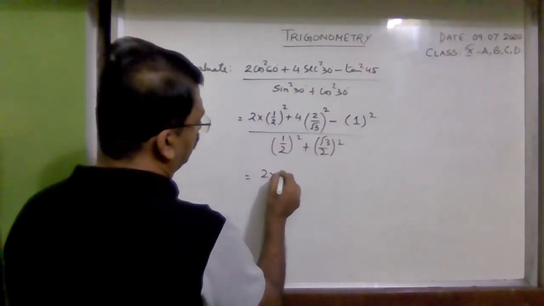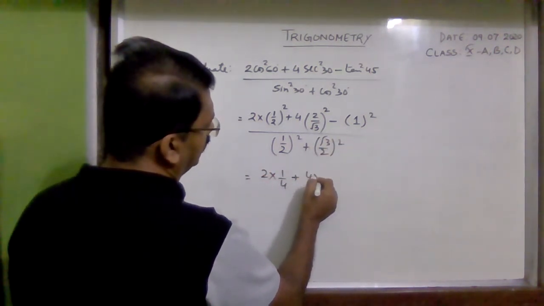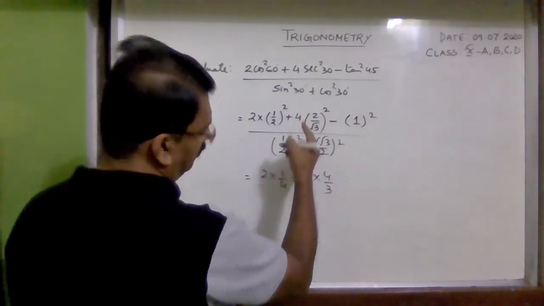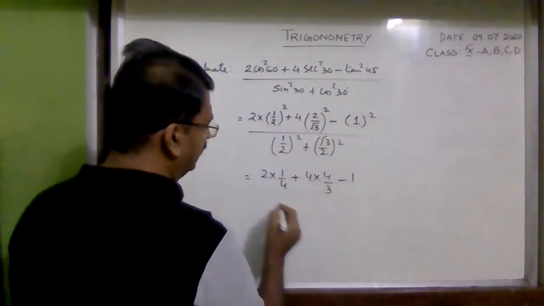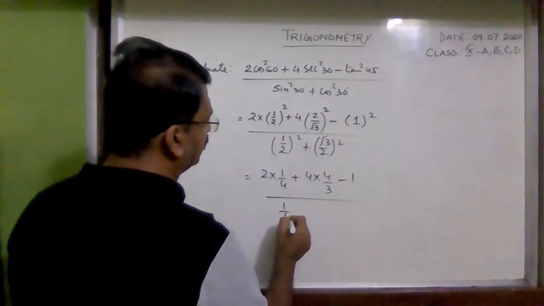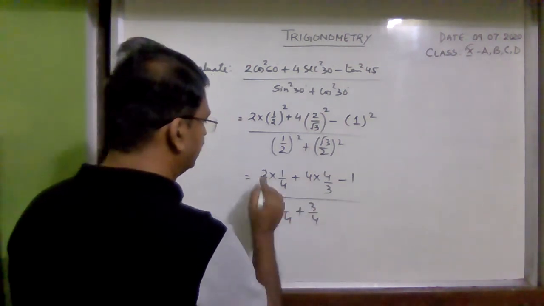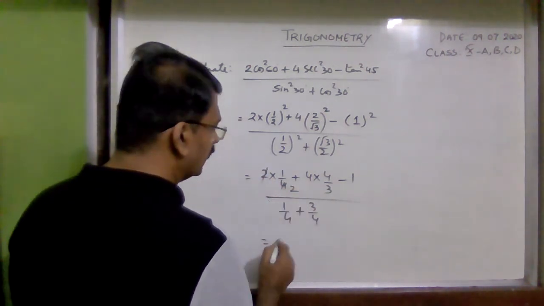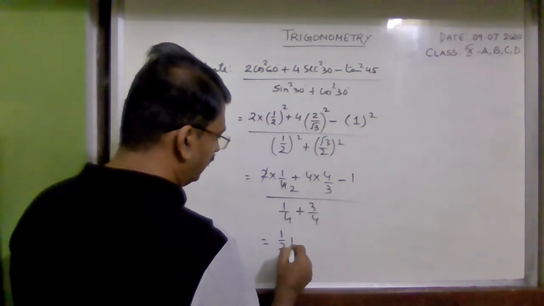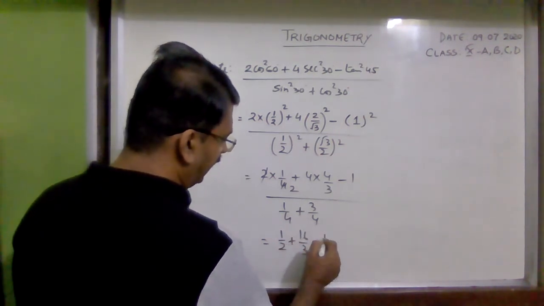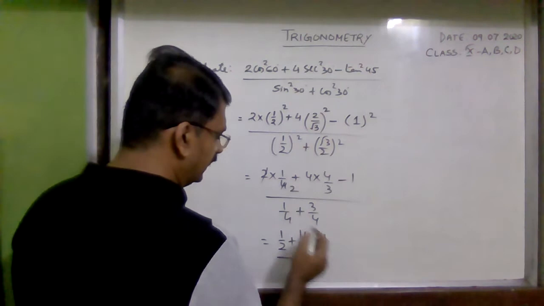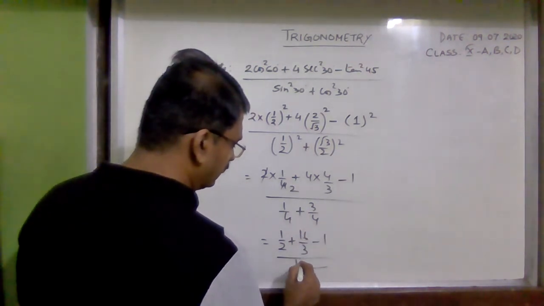Now 2 into 1 upon 4 plus 4 into 4 by 3 when you square, minus 1, upon 1 by 4 plus 3 by 4. Now see, 1 by 2 plus 16 by 3 minus 1, upon, here you take 4 LCM, so it is 1 plus 3.